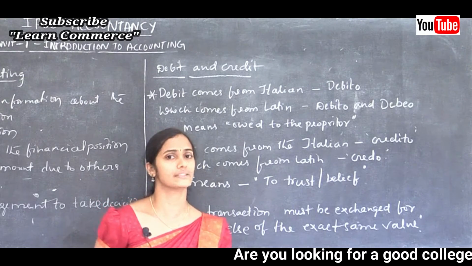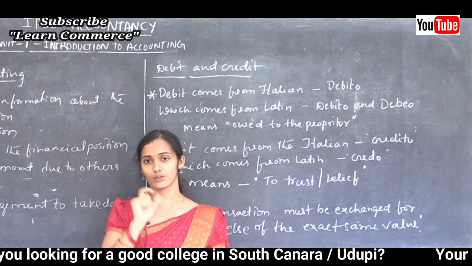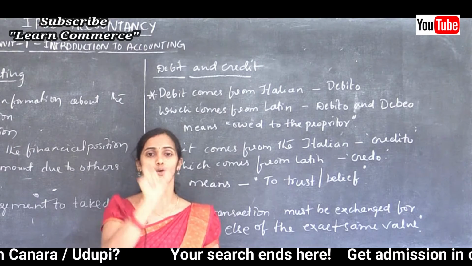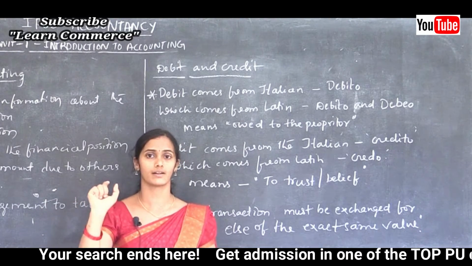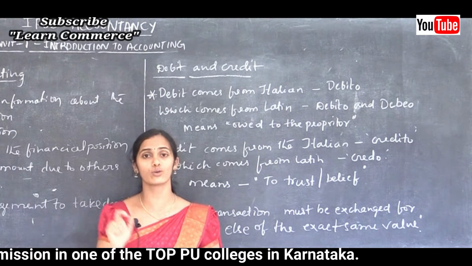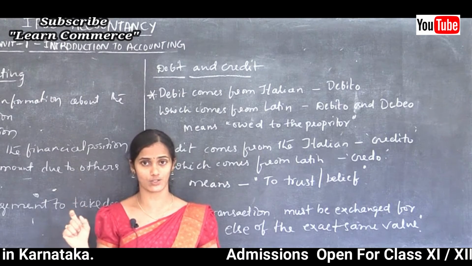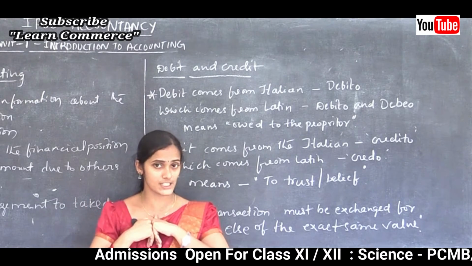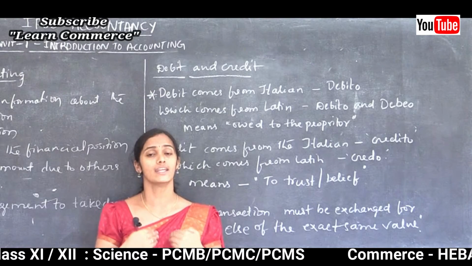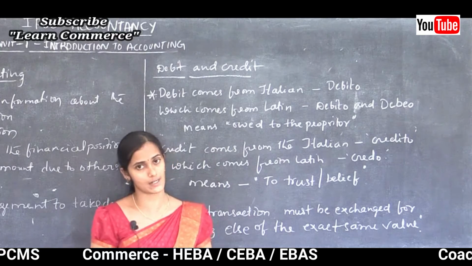Say for example, just analyze this transaction: goods sold to Mr. X for cash, rupees 10,000. As a business organization, as an entrepreneur, I received 10,000 from a customer.